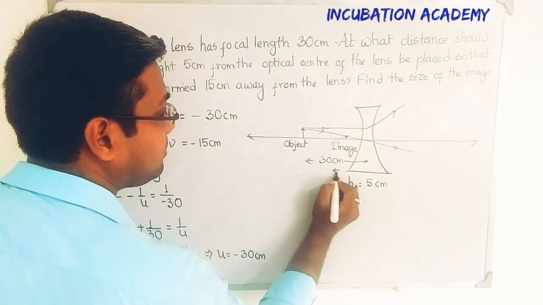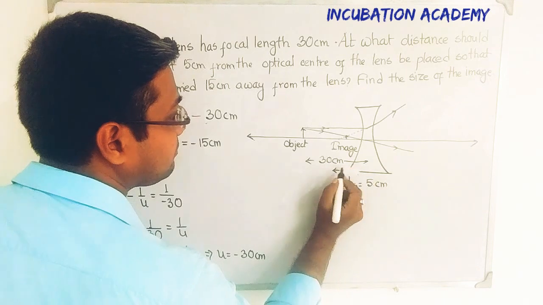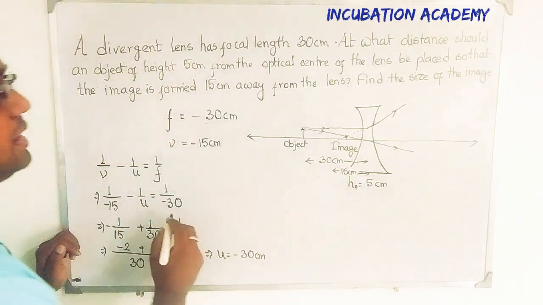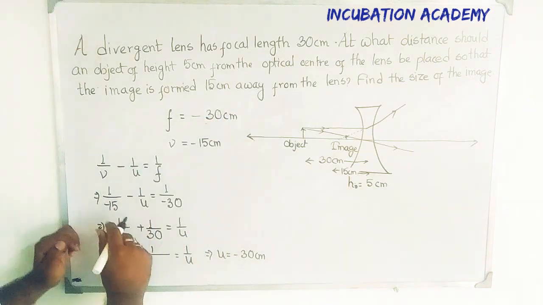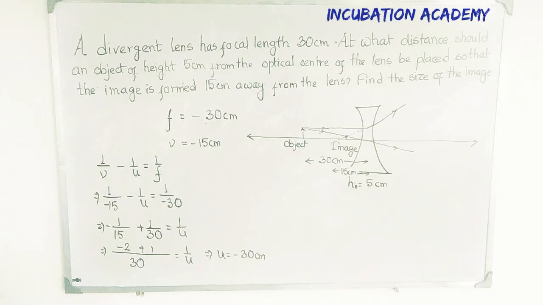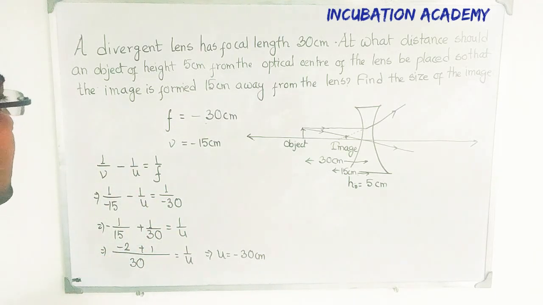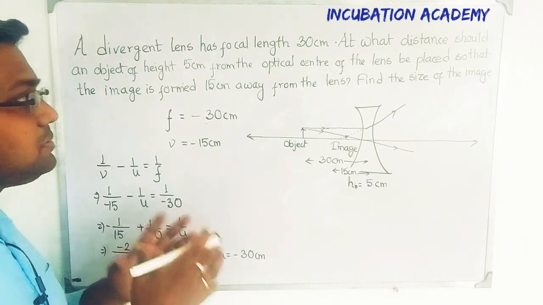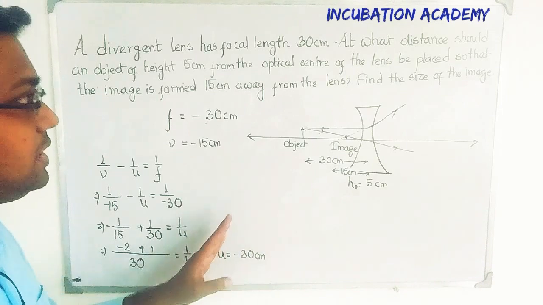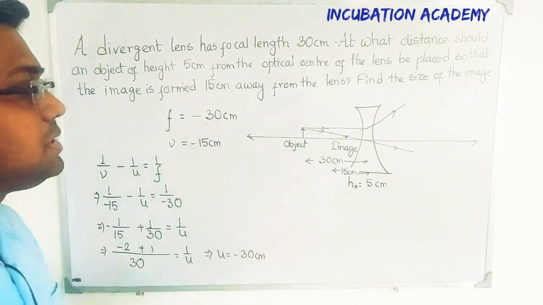The image is formed at a distance 15 centimeter. Okay. And so we obtain the answer to at what distance an object of height 5 centimeter from the optical center of the lens should be placed so that the image is formed 15 centimeter away from the lens. So we have to place the object at a distance 30 centimeter from the lens such that the image is formed at a distance 15 centimeter from the lens.